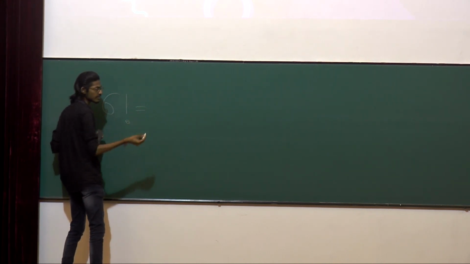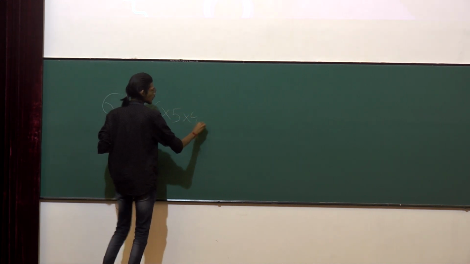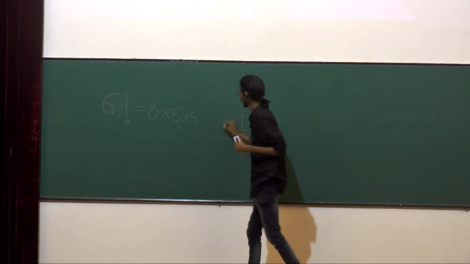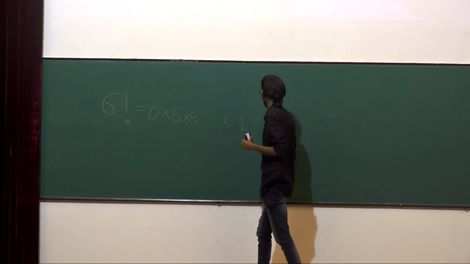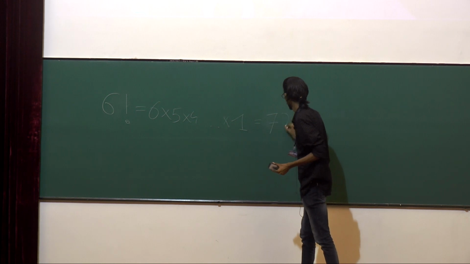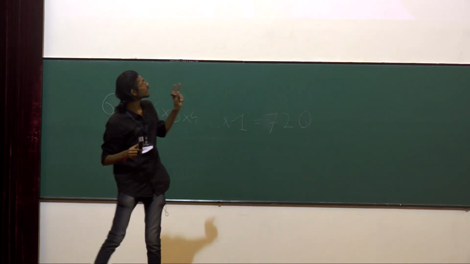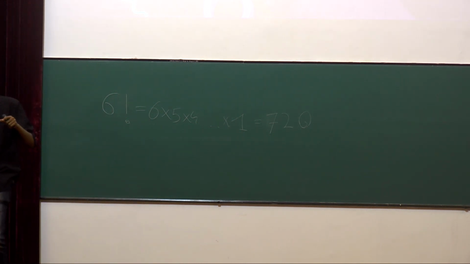This is evaluated as 6 into 5 into 4, all the way down to 1. So this is 720. I hope the factorial notation is clear to everyone, and we assume that 0 factorial is equal to 1. So that's about the factorial notation.